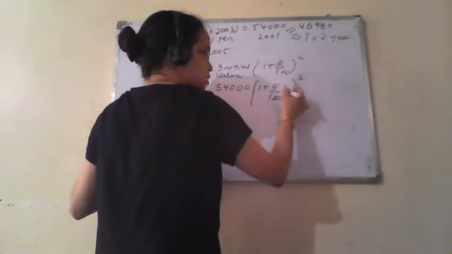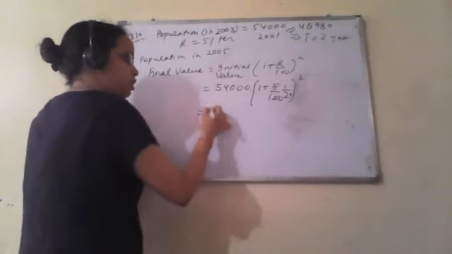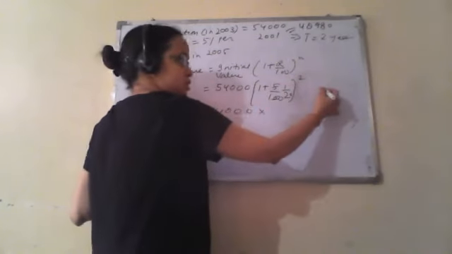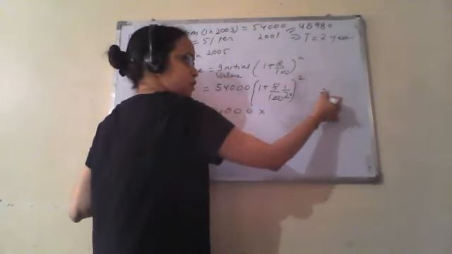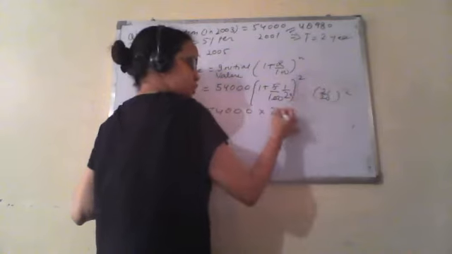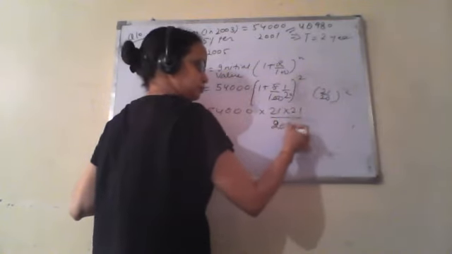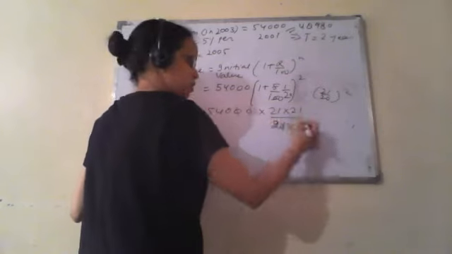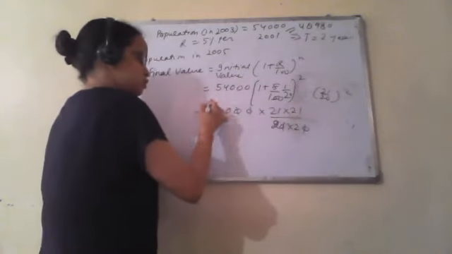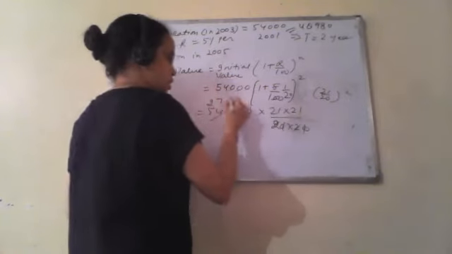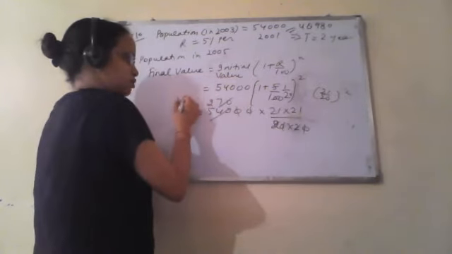So this is 1 plus 1 upon 20, 54000 into 21 upon 20 whole square. So it is 21, so it is 2700 and again 135.